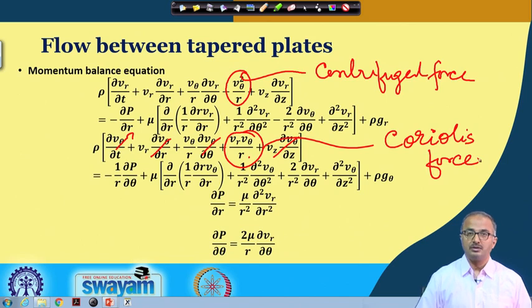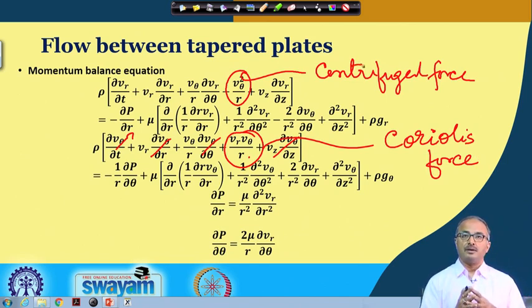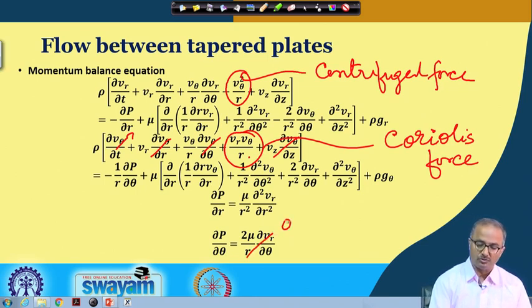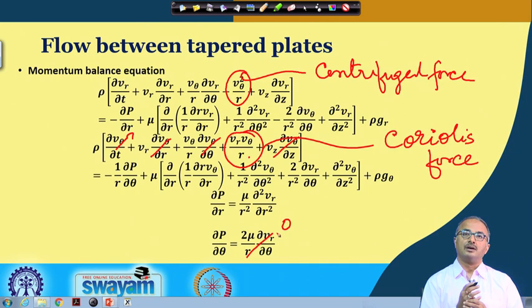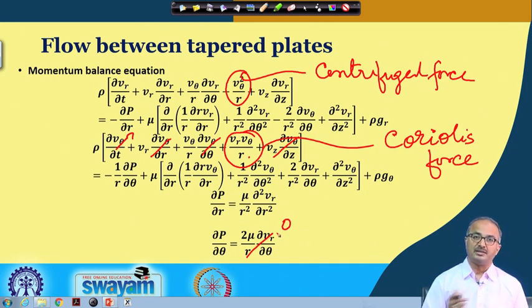These two forces come into the picture whenever you have a motion in the theta direction. In this case all the v theta components are 0, so there will not be any Coriolis force, and the only thing remaining is this particular term. If Vr is also constant with respect to theta, then this will also go to 0, and there will not be any pressure drop along the theta direction.